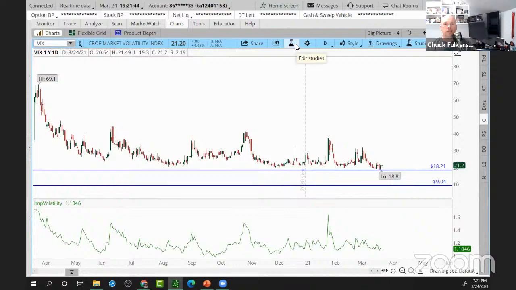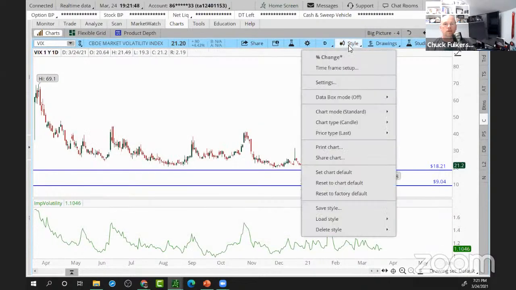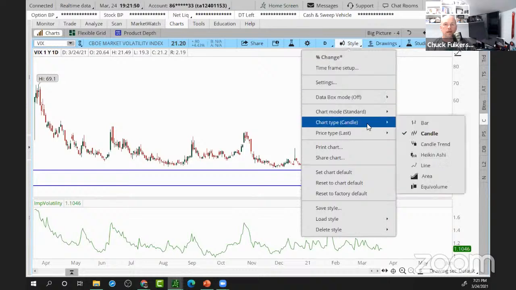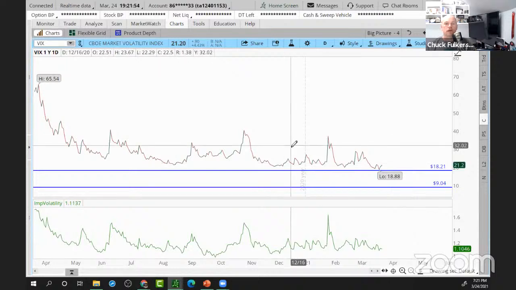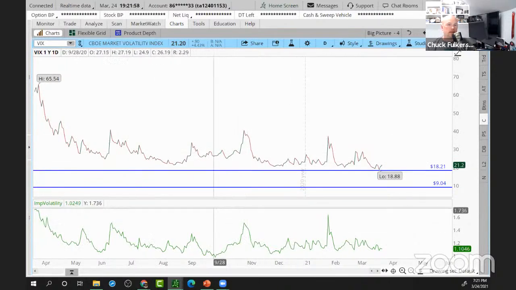If I change my chart up top to a line chart, what will you notice about my VIX and my implied volatility of the SPX?